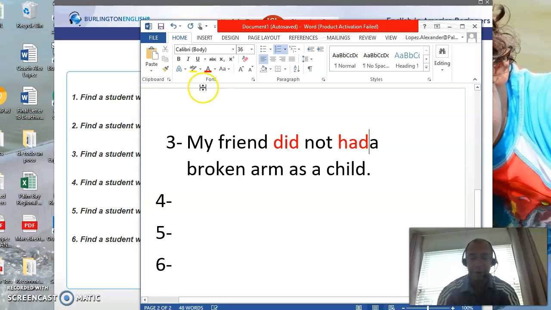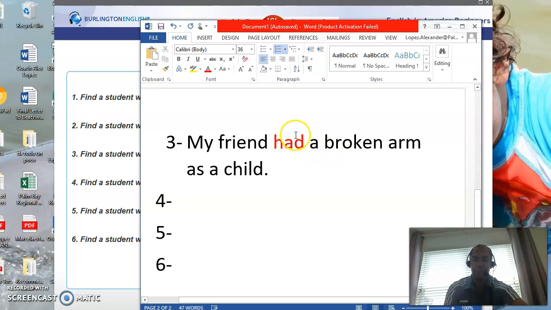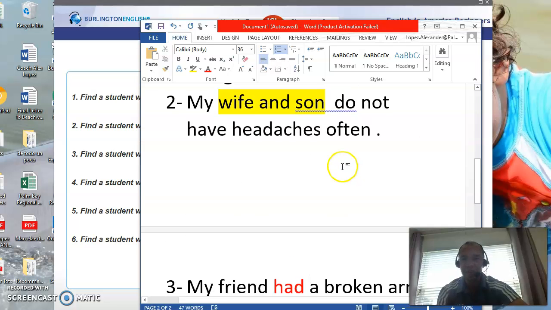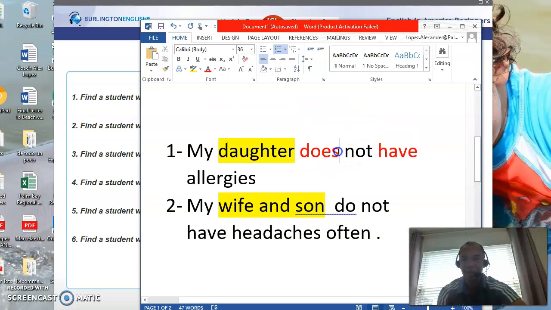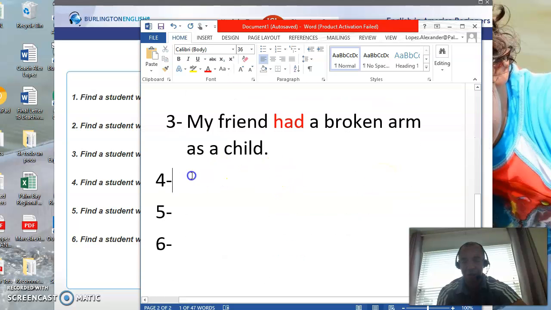My friend had a broken arm as a child. Are you getting it? So when you use does or did, you will have to use the infinitive or the regular form of the verb have and not any other conjugation.